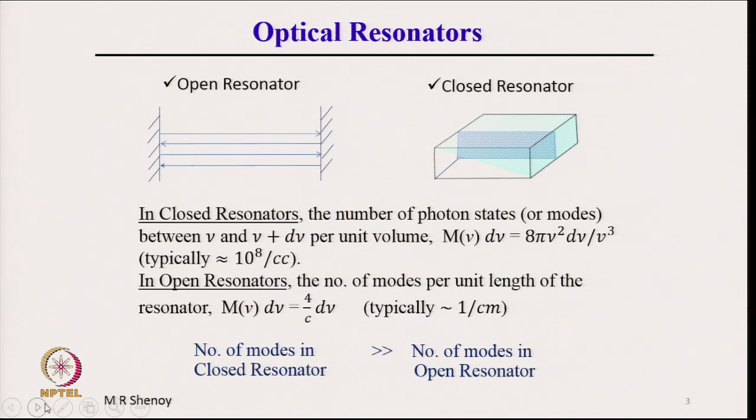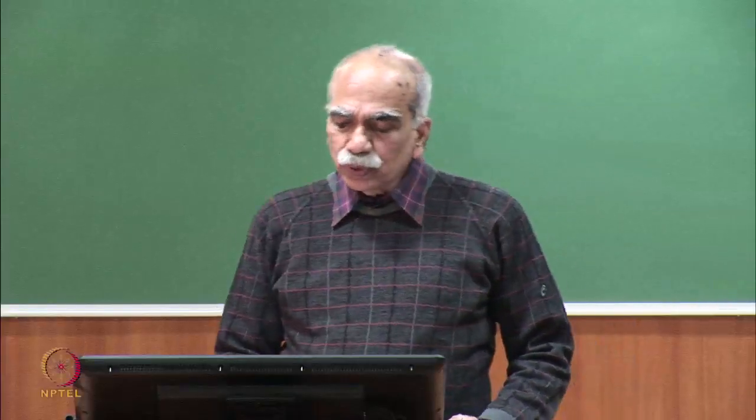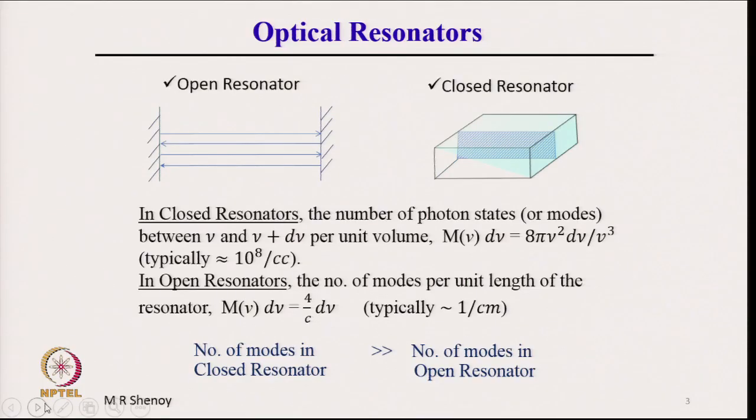Optical resonators are broadly classified into two categories: open resonators and closed resonators. What is illustrated here as an open resonator comprises two plane mirrors, M1 and M2, with a separation L between them, and light can go back and forth.